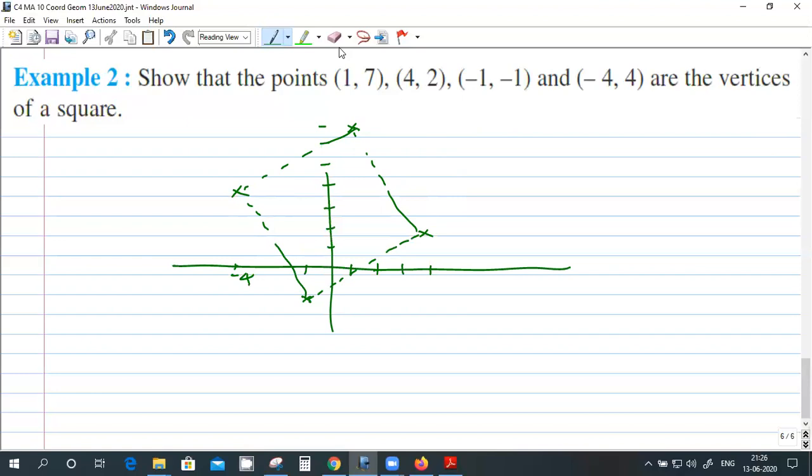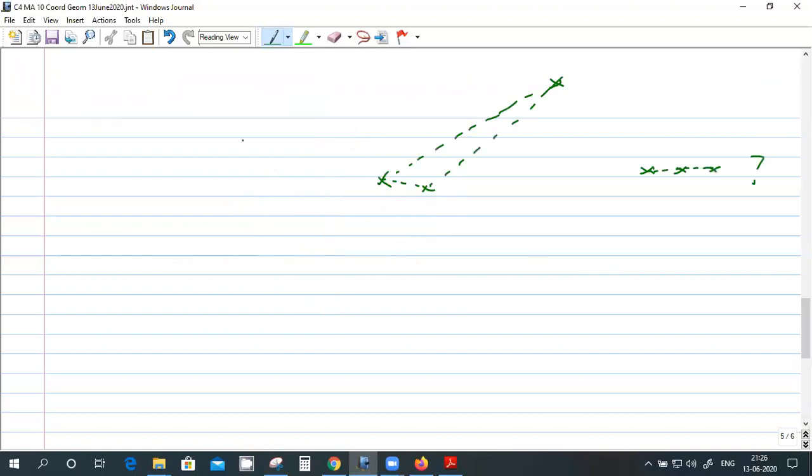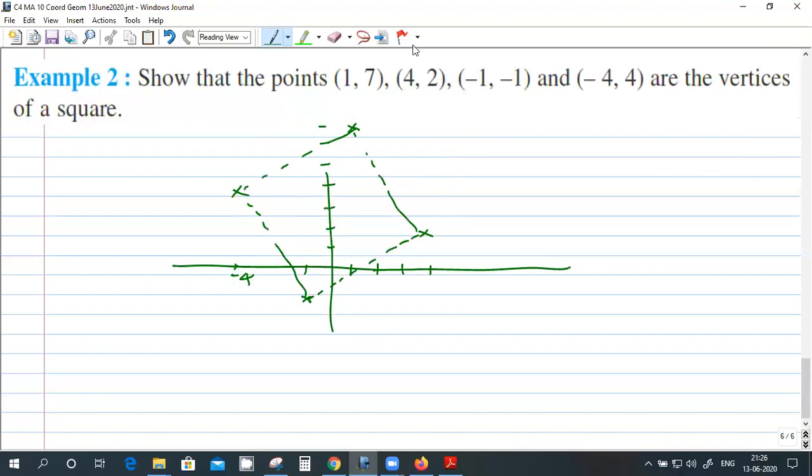Suppose I call this A, B, C, D. So 1 comma 7, this is A, and then 4 comma 2, this is B, and then minus 1, C, D. So we find this distance AC. I should not find the distance AC.